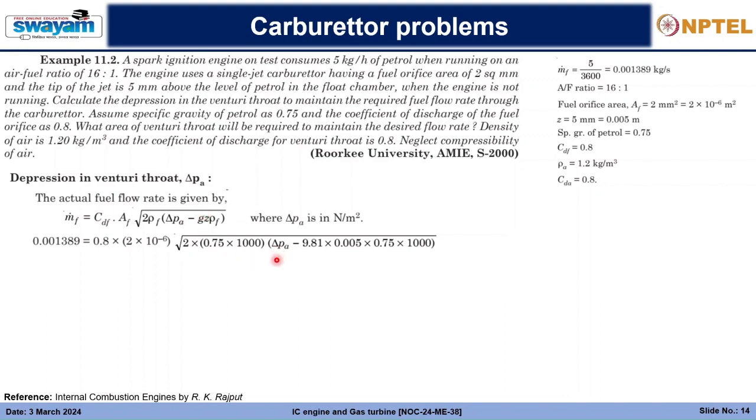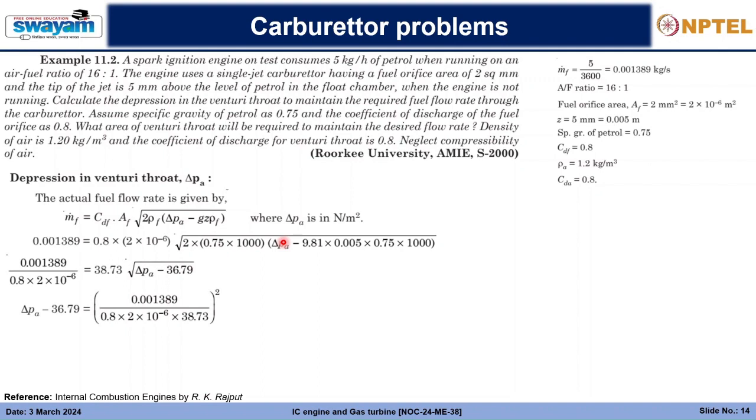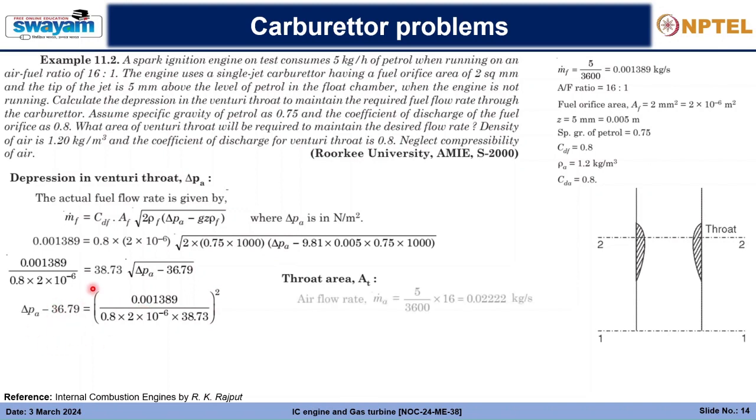If we solve for rho PA, we will find the depression to be around this value. So that is the depression, or the pressure difference delta PA between points 1 and 2. The throat area AT we have to find next.